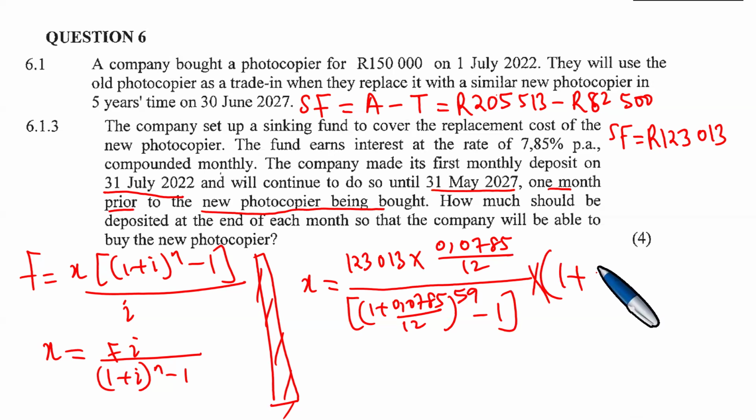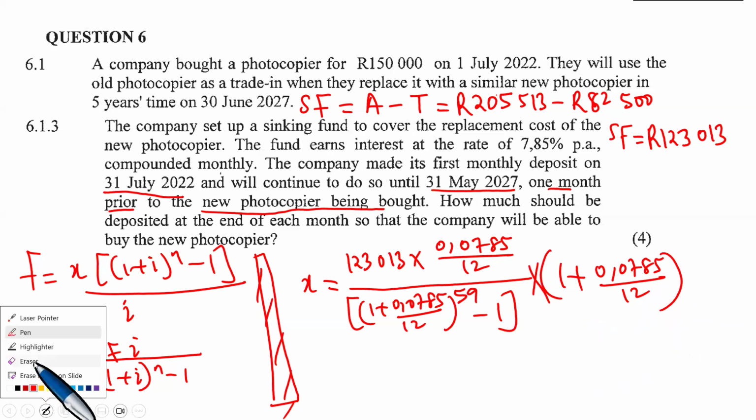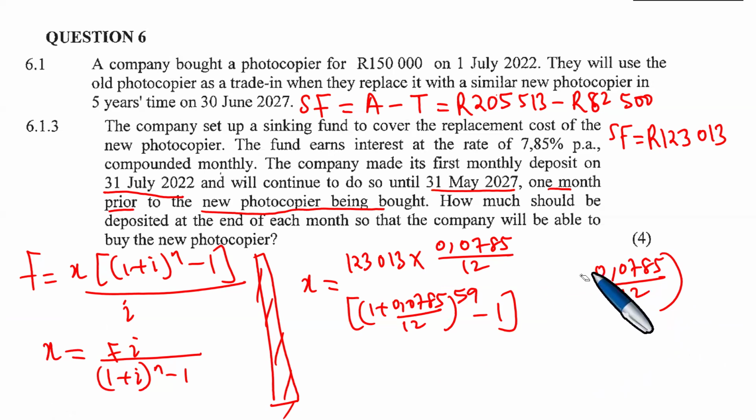1 plus 0.0785 divided by 12. And you therefore multiply this one. Okay, let me put it at the bottom.